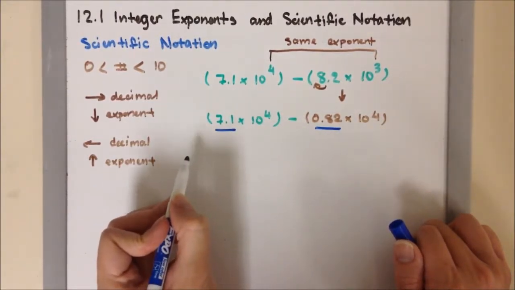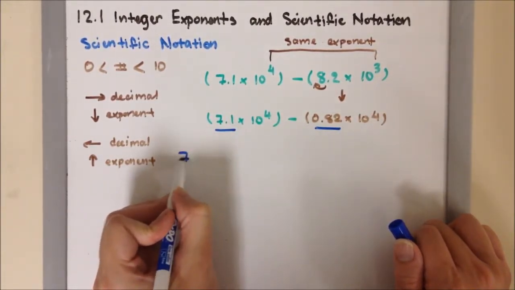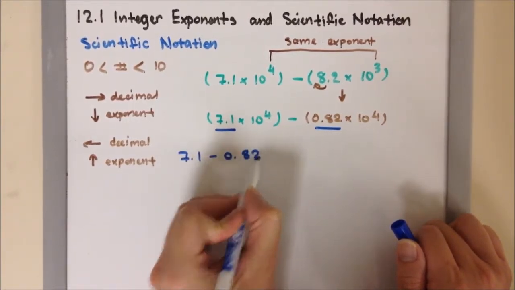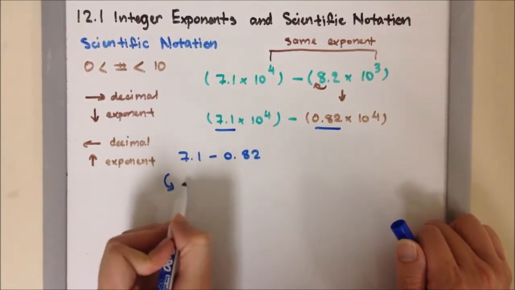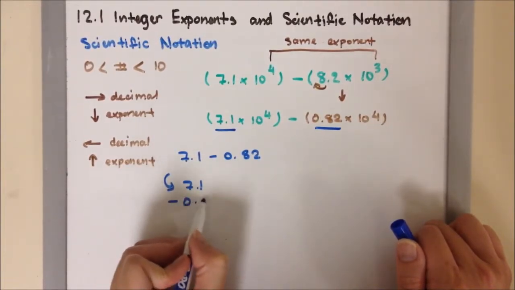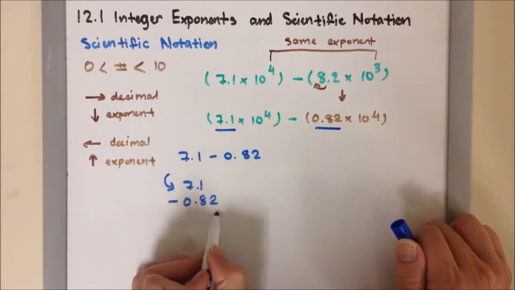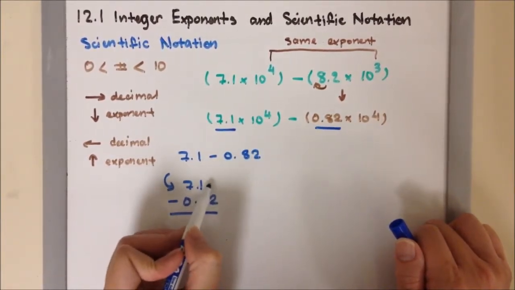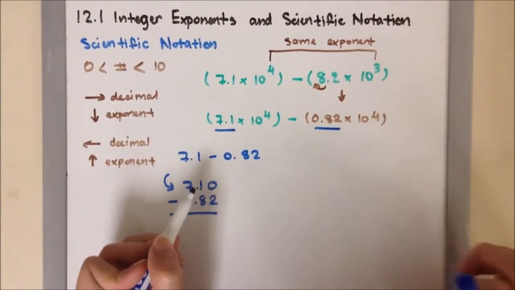Again, adding and subtracting, we have to line up our decimal. So that means it's going to be 7.1 minus 0.82. Now when we're subtracting, we should have all your numbers, so I need to include a 0 here.